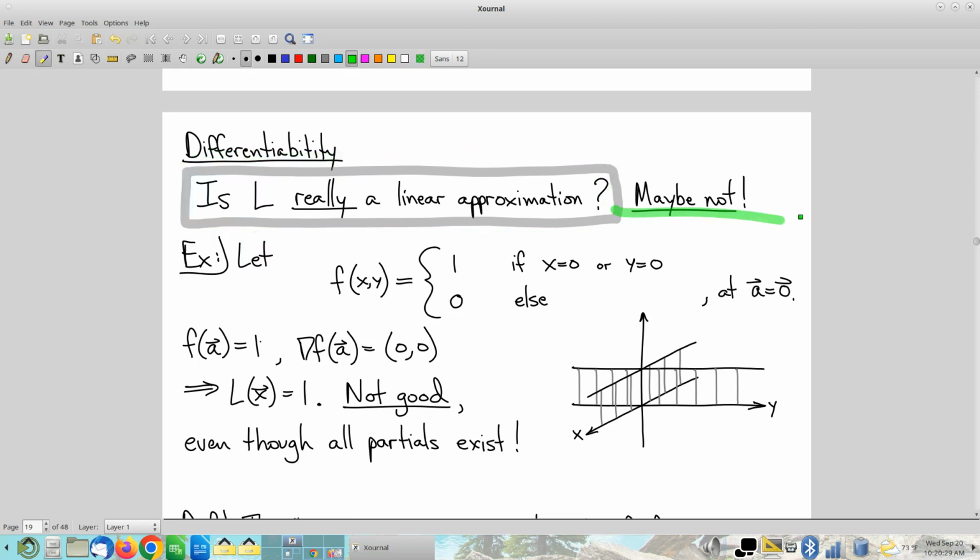And we've already been through this page and half of the next page, so I'm going to go quickly through this. But we do have to worry about it.